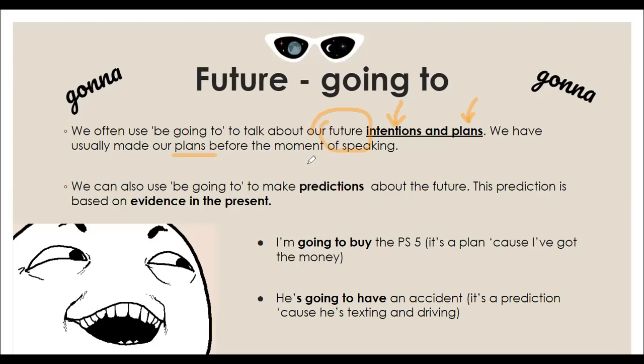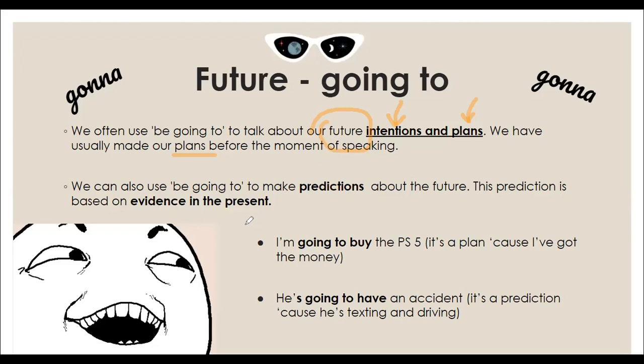If we say Manuel and I are going to play Elden Ring, it means that Manuel and I had a conversation in the past about how we're going to buy Elden Ring and play it together.